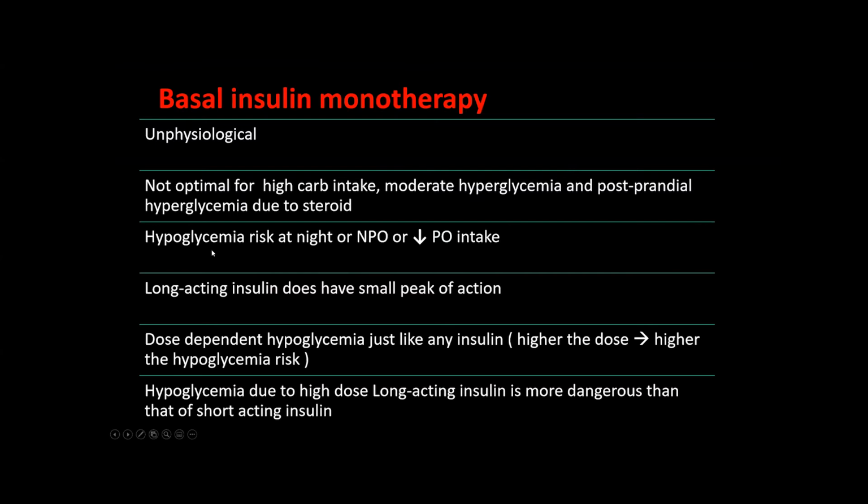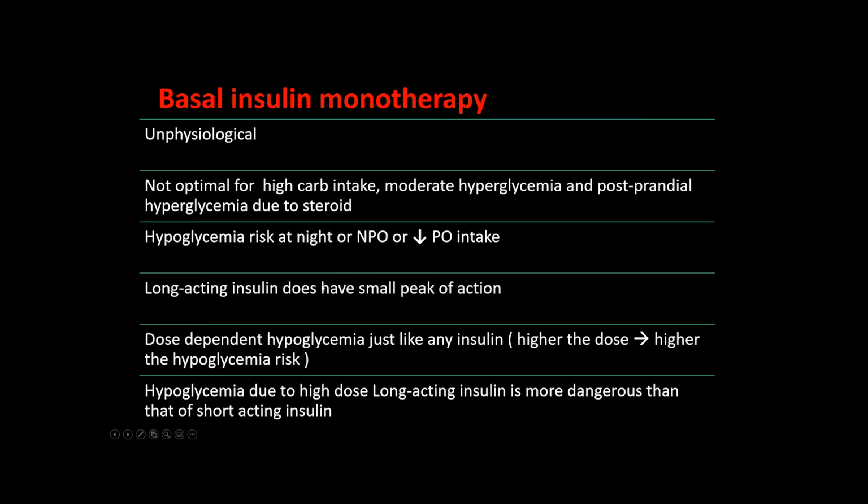If you use a very heavy dose of basal insulin, it can cause hypoglycemia at nighttime, or whenever the patient skips a meal, reduces PO intake, or is NPO for a procedure. Let's say you started going up on the basal insulin, 30, 40 units, and then all of a sudden the patient becomes quite hypoxic and much more dependent on oxygen.